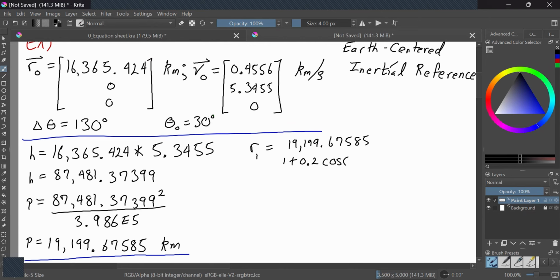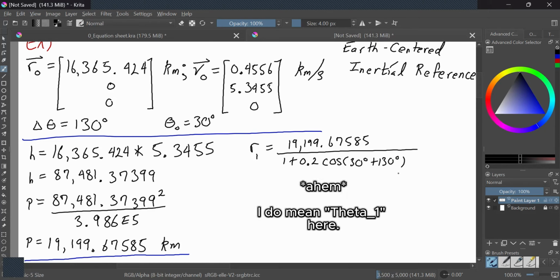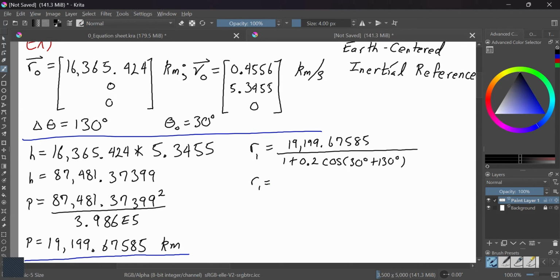So let me include that. We will have 30 degrees plus 130 degrees. Right? Our initial plus the delta to find what theta 2 is. And so, when you plug all that in, you reach a value of 23,643.131 kilometers.